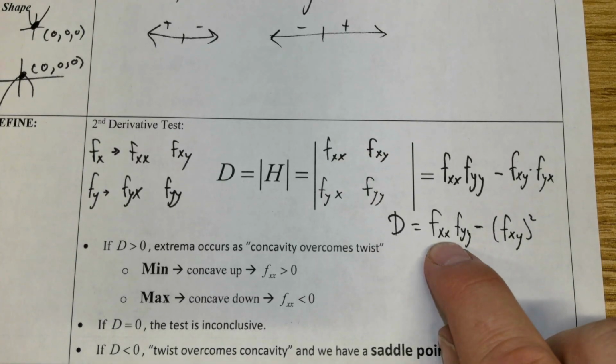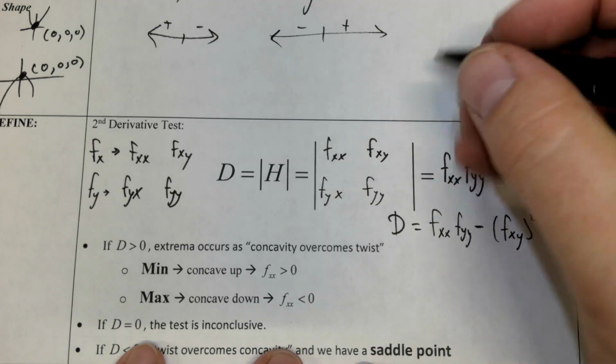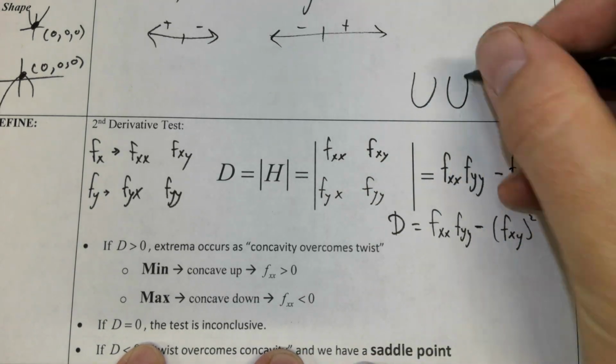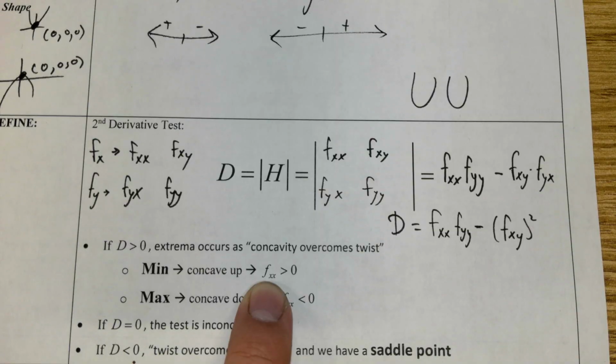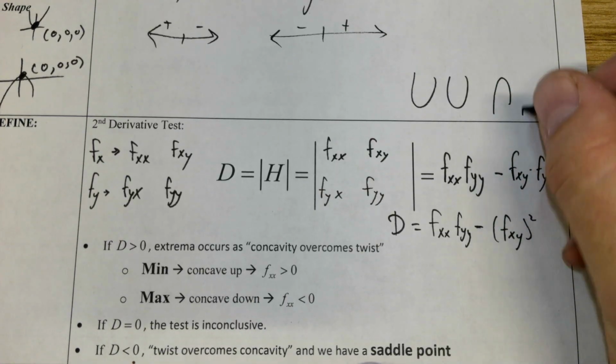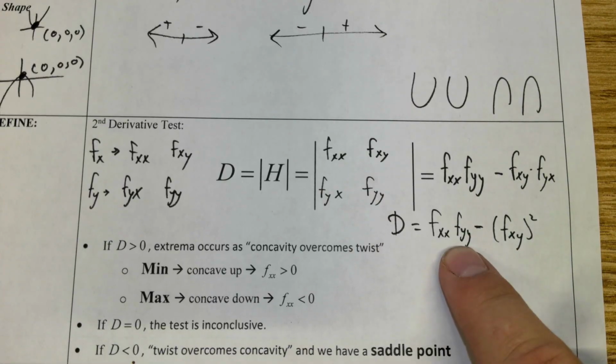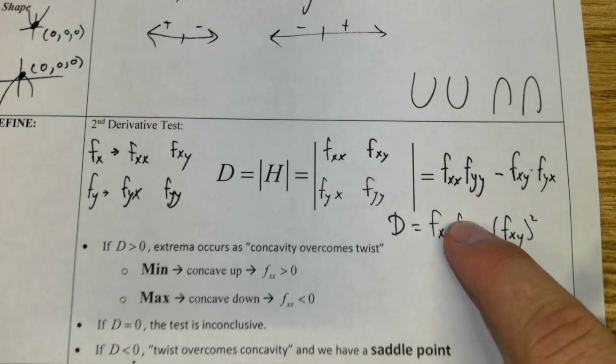where if this is a positive upward concavity, and this is a positive upward concavity, it's very likely to be a minimum. Whereas if this is concave down and this is concave down, this would also come out positive.